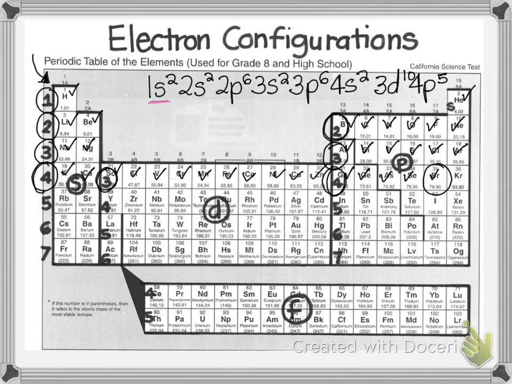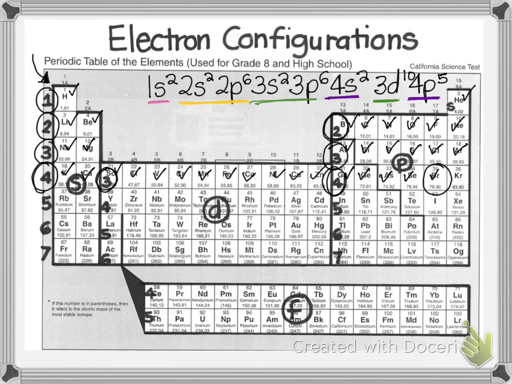So I have the first level here. Remember, valence electrons are the highest. The second level is all of that. The third level is here and here. And then the fourth level is 4s2 and 4p5.